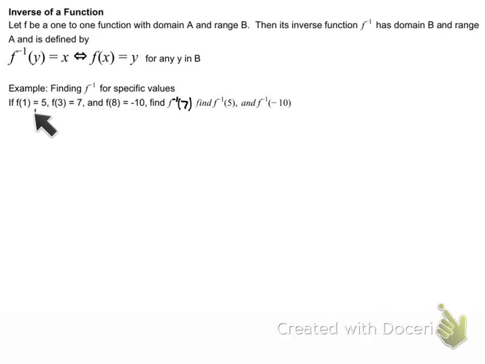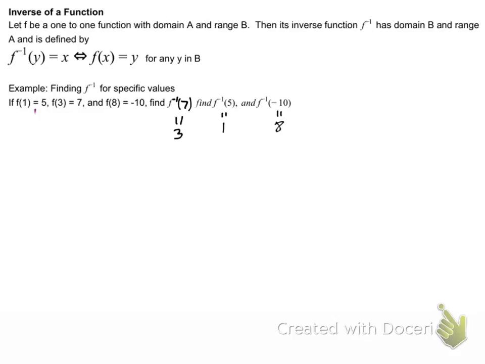If f of 1 is 5, f of 3 is 7, and f of 8 is negative 10, then what is f inverse of 7? The answer is 3. f inverse of 5 is 1. f inverse of negative 10 is 8.